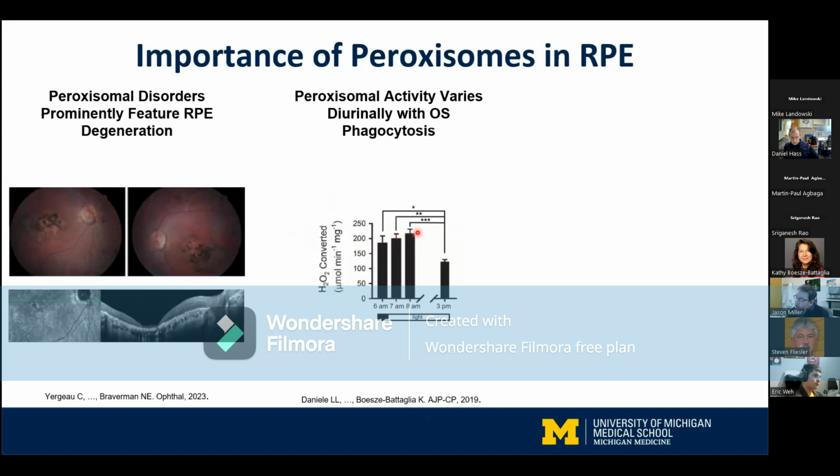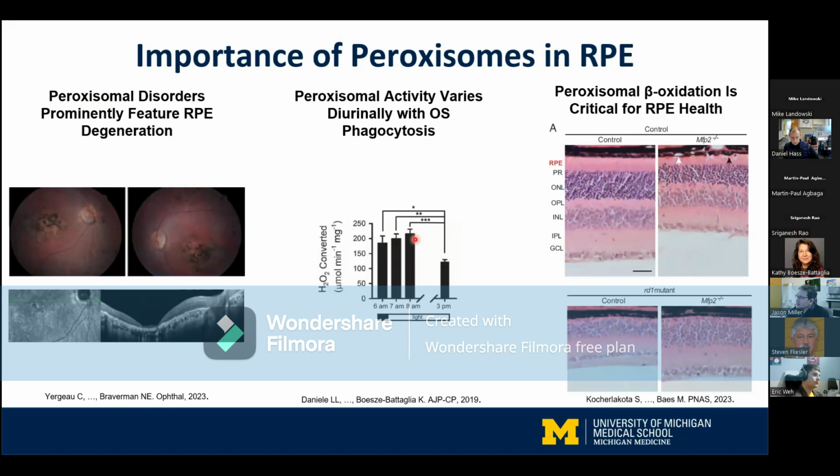You can see that there's this increase in peroxisomal beta oxidation activity that then goes back to some basal rate once outer segments have been phagocytosed.